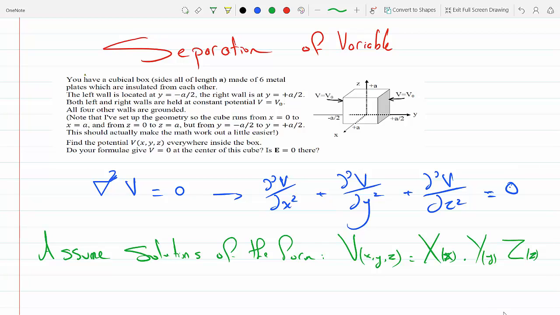The reason we can do that is because if you remember Poisson's equation, the Laplacian of the potential equals minus 1 over epsilon times rho, right? Well, inside our region there's no charge, so rho is 0, and that's why Laplace's equation becomes 0.